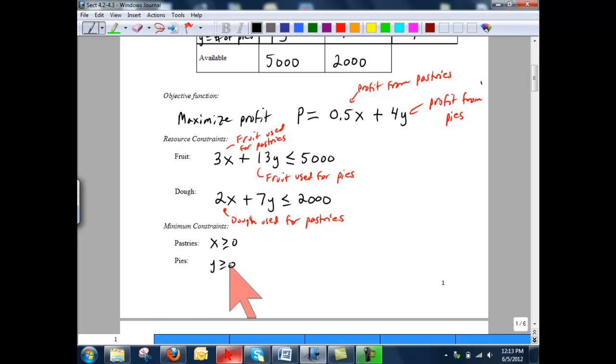Those are called minimum constraints. They're just there to express physical reality. These up here are called resource constraints. They express the fact that I only have a limited amount of each resource available. And so that's the setup. Maximize profit by choosing X and Y that obey all 4 inequalities now.